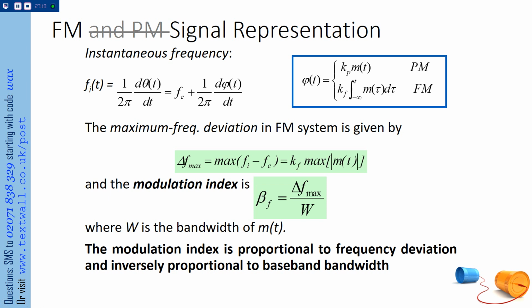Now, the modulation index for FM can be and often is greater than 1, but it also can be less than 1. So we have this ratio of delta F. We don't have to say max. We can just call it delta F. So delta F divided by baseband bandwidth.